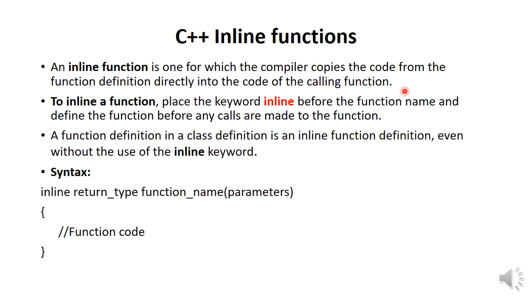Here the calling function is the main function, because we always put the function call statement into the main function. So the difference exists during execution of these two functions.